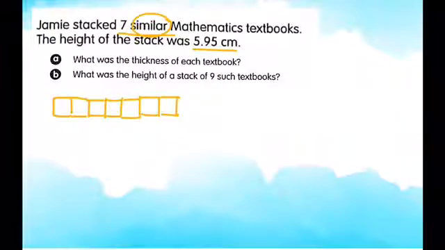Another information that was given in the story is 5.95. This talks about the height of the stack of books. What does stack mean? Stack means when you pile up these textbooks on top of each other. So we would say that this 5.95 pertains to the 7 units. So let's label 7 units as 5.95.